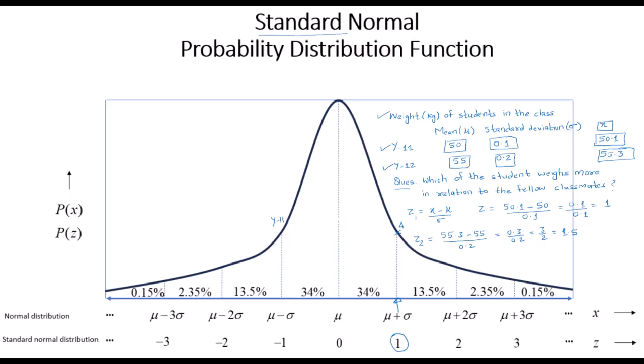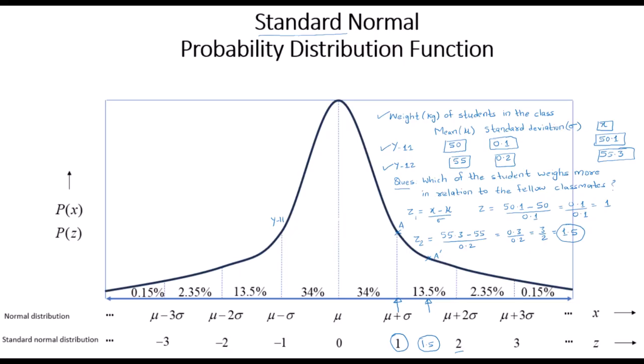Similarly, if we plot one more graph, a normal curve for year 12, and try to locate where we get the z value 1.5 on that graph. So this is z value 2 and the 1.5 value will be over here. So that means we will have the probability over here, which is represented by point A dash. This shows how the student of year 12 is performing with respect to the mean in the respective class.